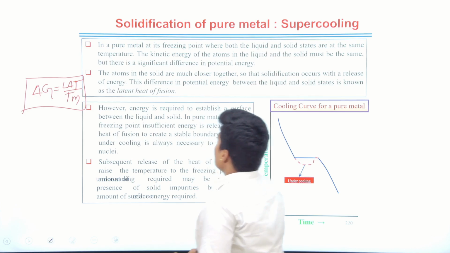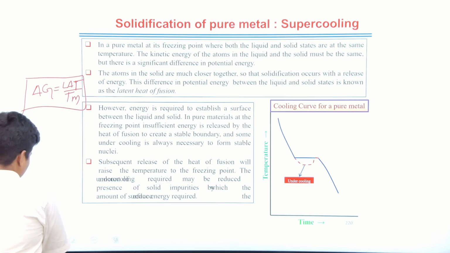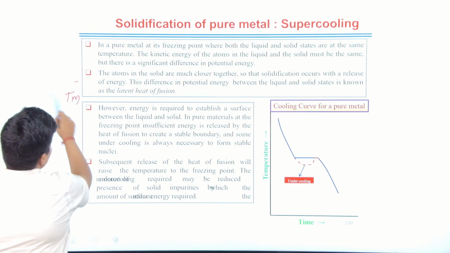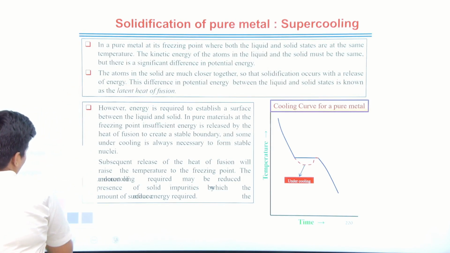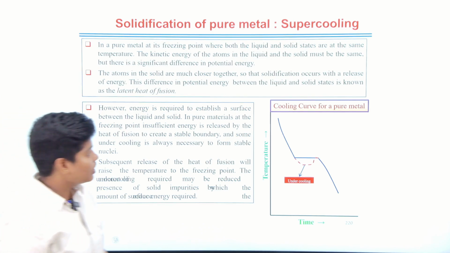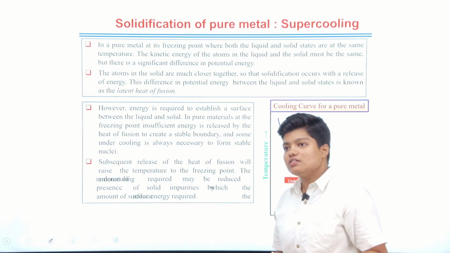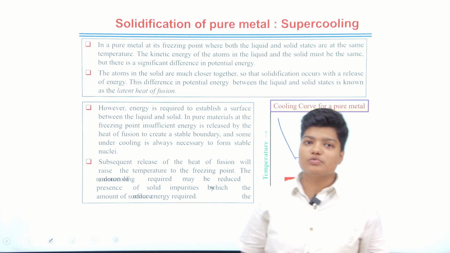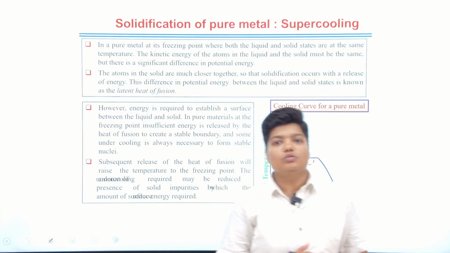Now in today's class we'll discuss the solidification of pure metal. Remember, in case of pure metal, solidification happens at some definite temperature. Now I have told that by suppressing the temperature, or we can say by cooling, under cooling process, solidification happens, because the kinetic energy will be suppressed.